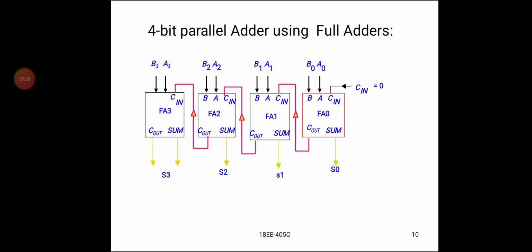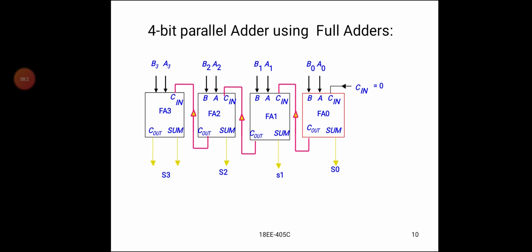They are connected as shown in the slide. Initially, LSB full adder FA0 has bits A0 and B0. Initially no carry bit, so make the third input C in 0 or grounded.